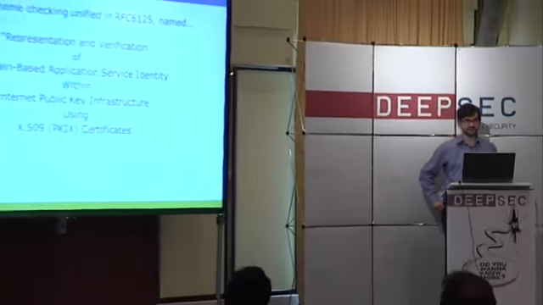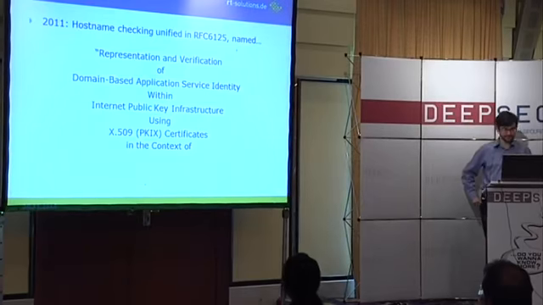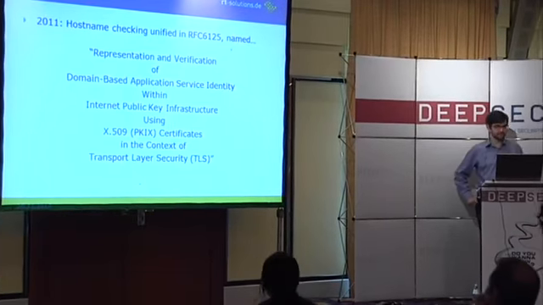That RFC was named, maybe a little bit clumsily, "Representation and Verification of Domain-Based Application Service Identity within Internet Public Key Infrastructure Using X.509 (PKIX) Certificates in the Context of Transport Layer Security."